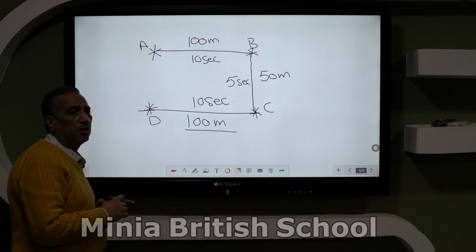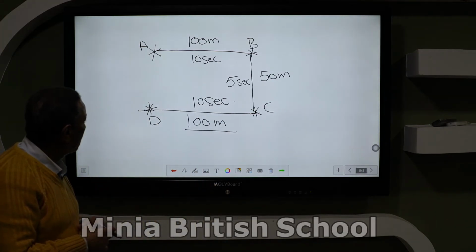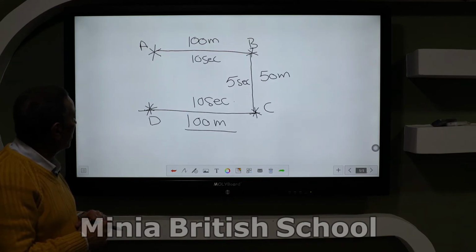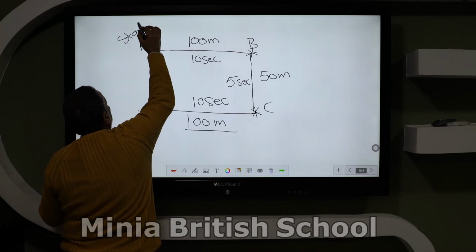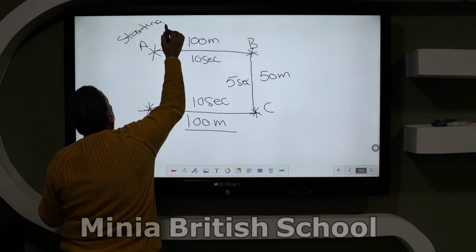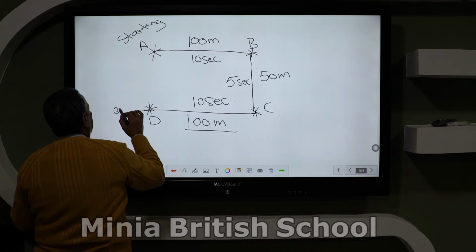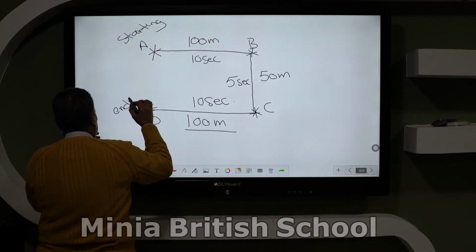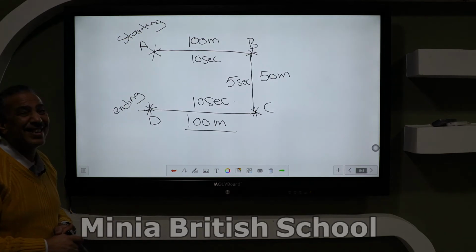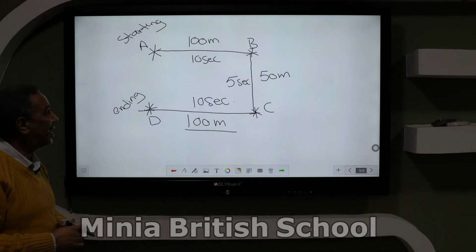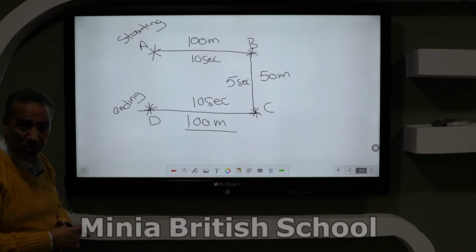It finished its motion at point D. So A is the starting point, and D is the ending point. What is the difference between the distance that the body covered and the displacement?